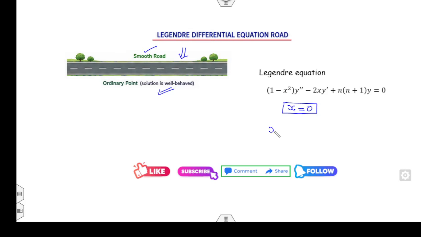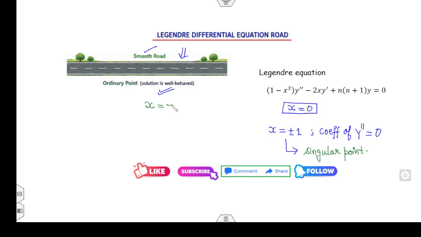On the other hand, if you consider the value of x is plus minus 1, then clearly the coefficient of y double prime becomes 0. Therefore, x is plus minus 1 is my singular point. So what is the meaning of the singular point? What did we call a singular point? Where the solution gets disturbed.